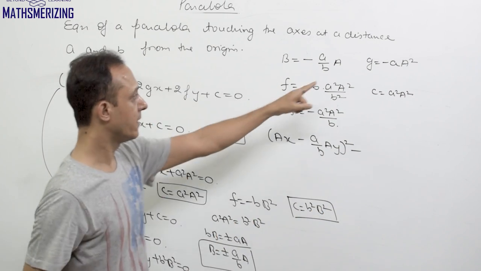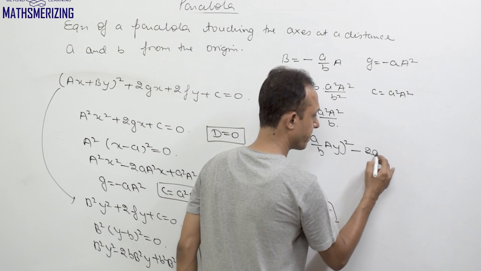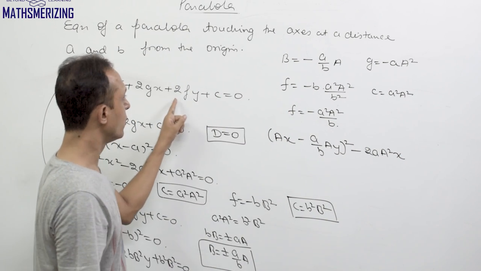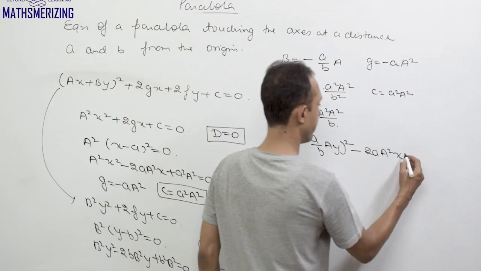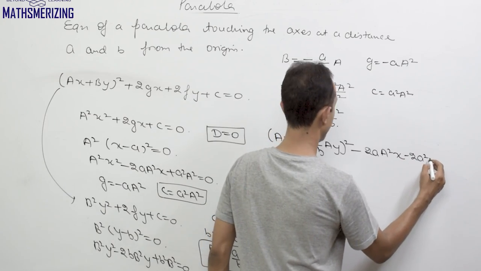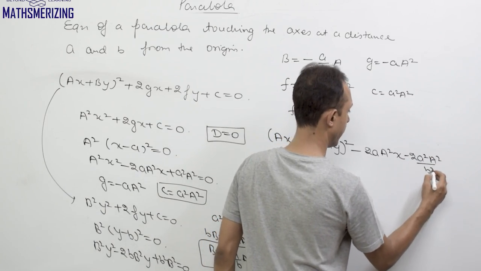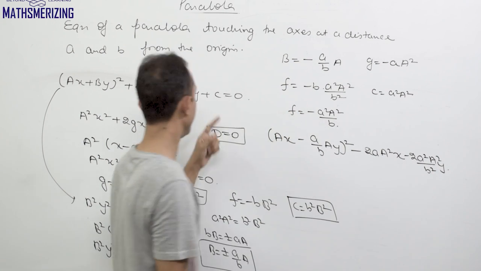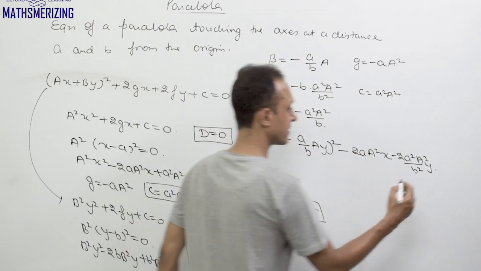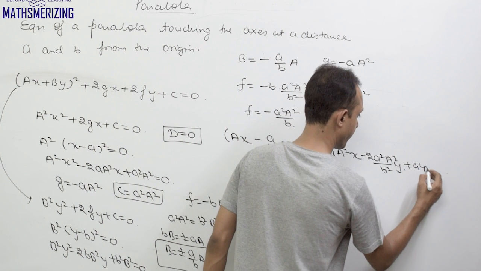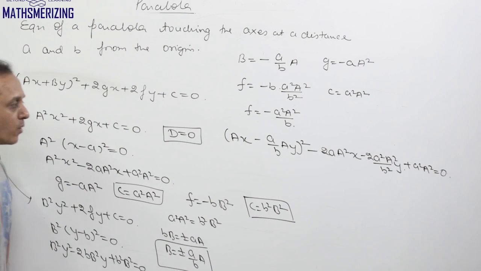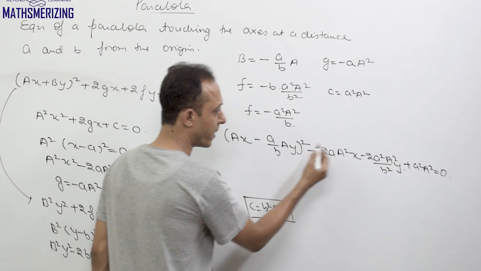Now 2gx will be minus twice a into a square x, and then 2fy will be minus 2 a square upon b into y, and then plus c, and c in this case is plus a square into a square, it is equal to 0.